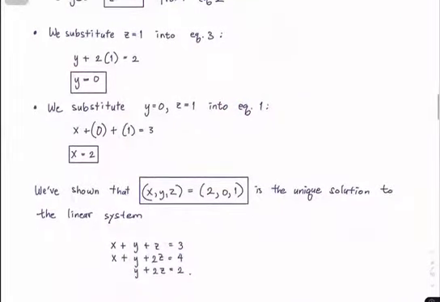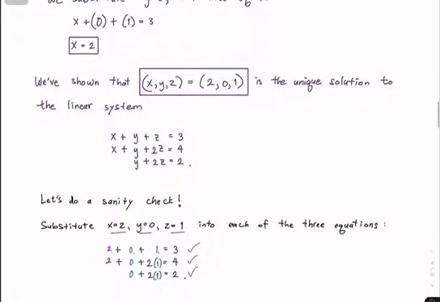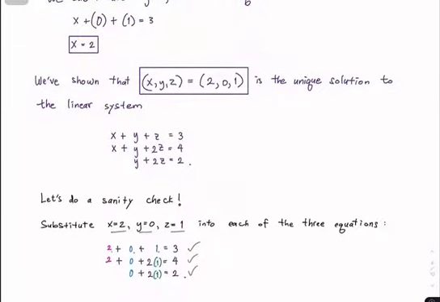So we've shown that this triple of numbers, 2, 0, and 1, is in fact the unique solution to the linear system. There is only one solution. Now let's do a sanity check. Let's check that this solution, this triple, is in fact a solution to the system.